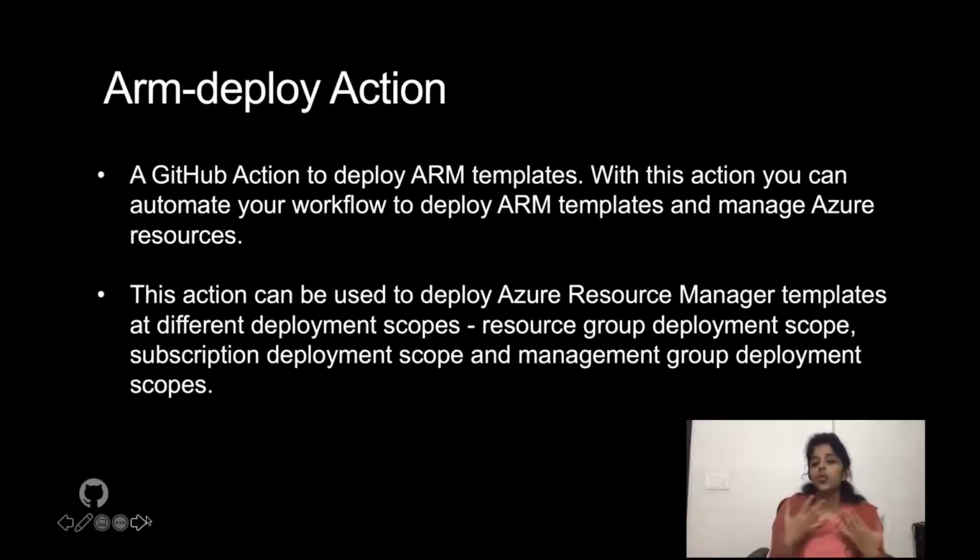So yes, I can choose whatever management group I want and set up a policy there using a simple template. The other example could be that I want to set up a cluster. Since it's Azure AKS, I want that to be created in some resource group. That can also be simply done by specifying the resource group. So this is about deploy action.